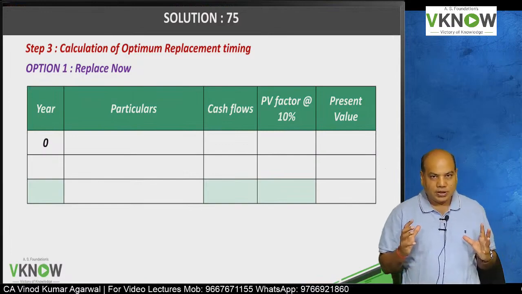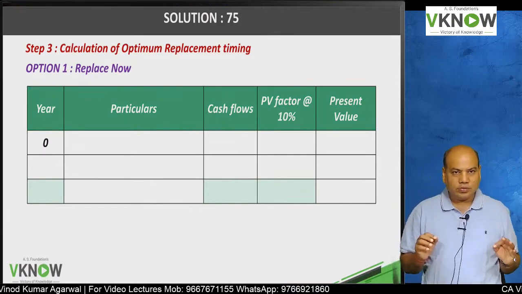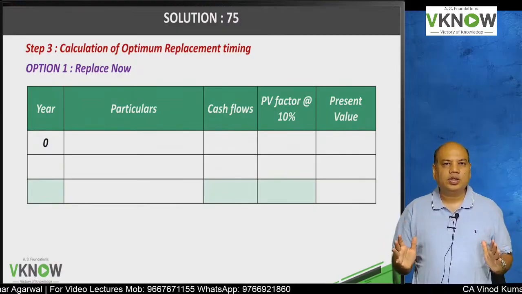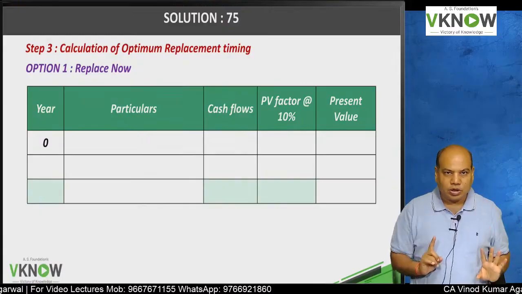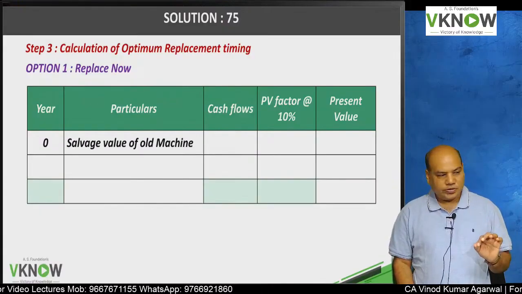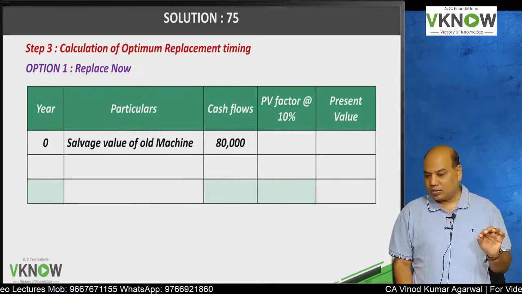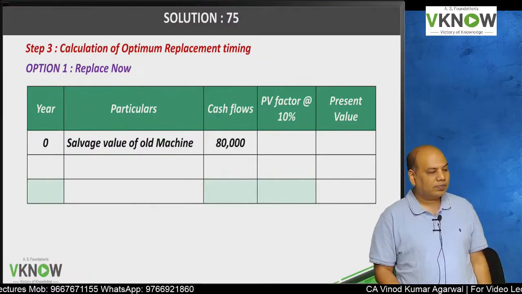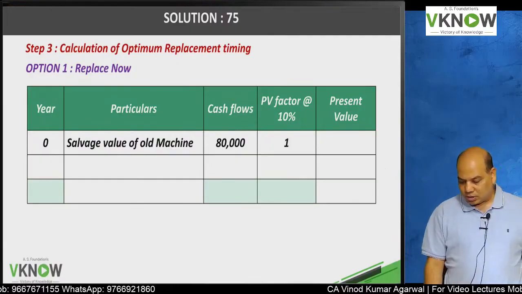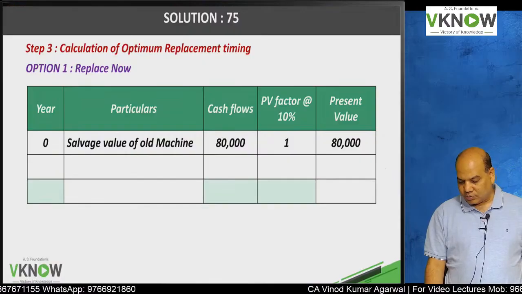If you replace now, today, what would be the cash flow for the next 2 years? The old asset will be sold now and will give you salvage value today. Salvage value of old asset today is 80,000. Just check. Present value is 80,000.